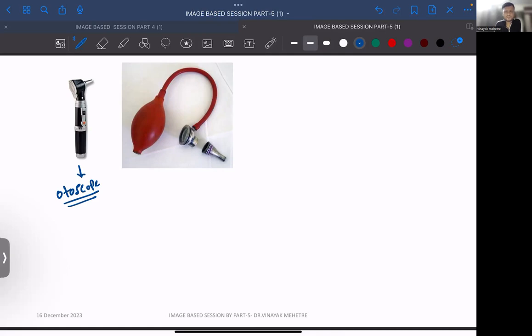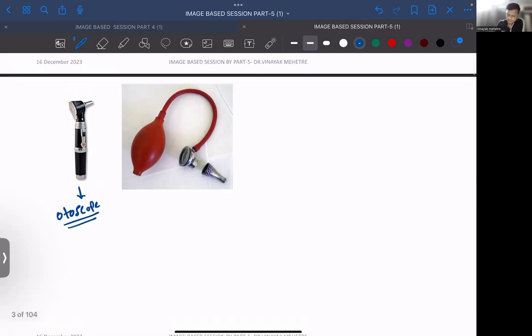That is the otoscope. This instrument is called Siegel's speculum.